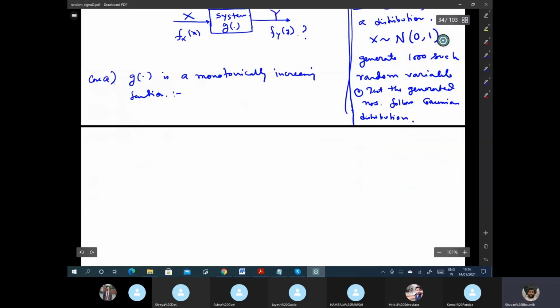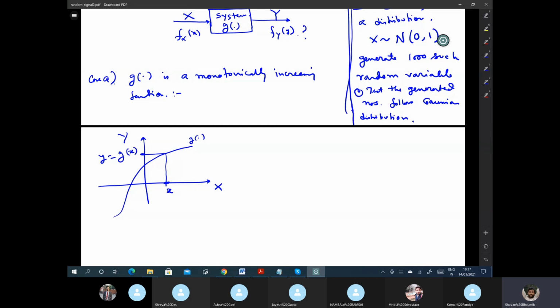So we can draw a little bit. We have random variable x and random variable y, and g is any monotonically increasing function. If you have any point small x, this is g, and we project it here, we get small y, which equals g of x. So we have a monotonically increasing function.